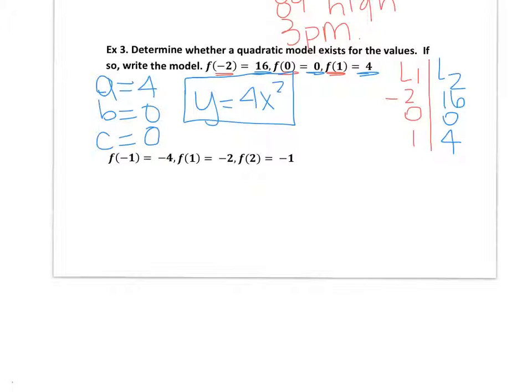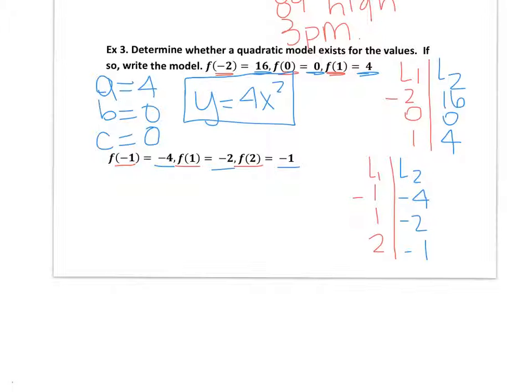Okay? Now, when you're going to do the next one, same thing. X, X, X, Y, Y, Y. So in L1, you're going to write -1, 1, and 2. And for L2, you're going to write -4, -2, -1.